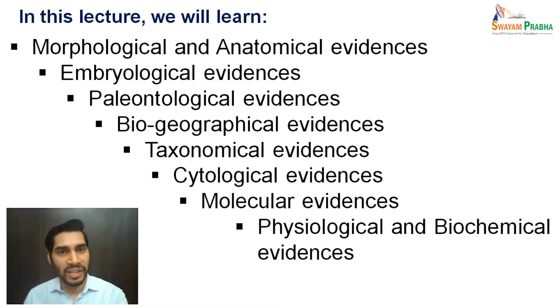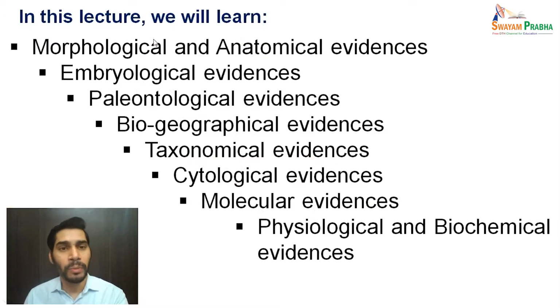Under this lecture, we will learn the examples from different biological domains that present an evidence for evolution. These examples are from the morphology or anatomy, from embryology, paleontology, the biogeography, taxonomy, cytology, molecular biology, and lastly the physiology and biochemistry.